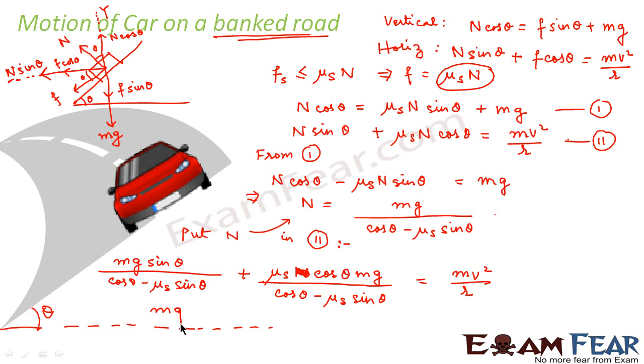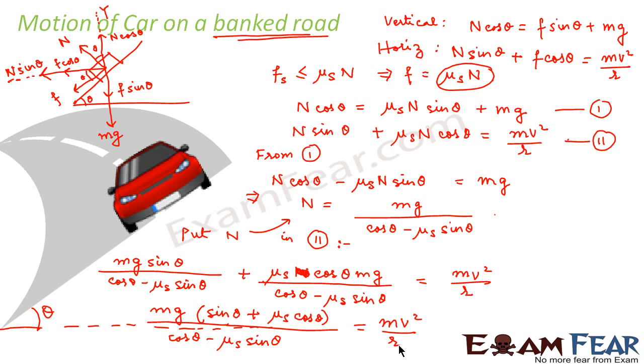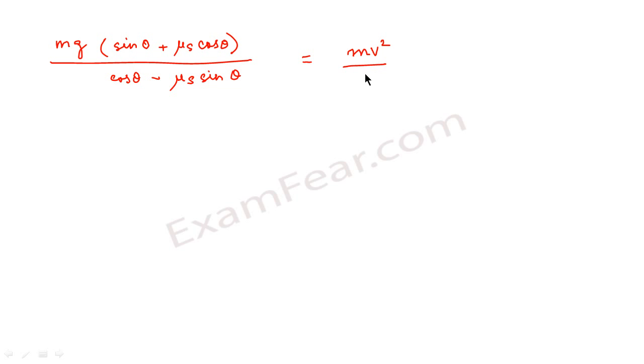Now we solve it: mg times sin theta plus mu s cos theta, divided by cos theta minus mu s sin theta, is equal to mv square by r.